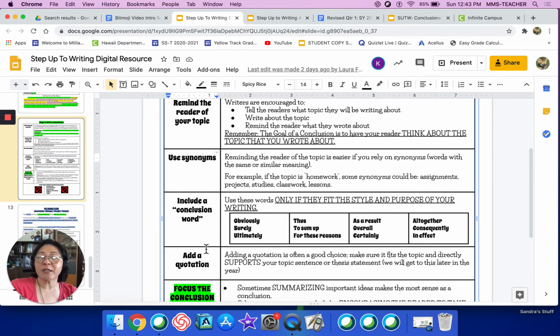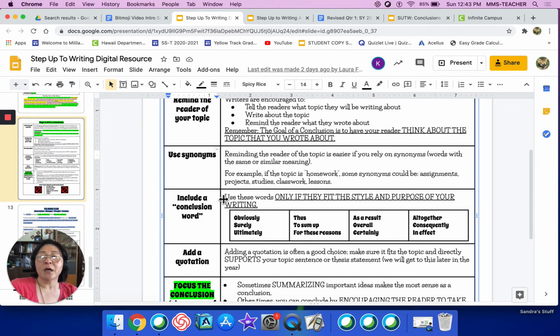Another thing is you would include a conclusion word. Now, here is something, this first part. Use these words, and this next section is in all caps and underlined, only if they fit the style and purpose of your writing. Okay? So these are some conclusion words you can use, but you should only use it if it fits the purpose of your writing, or it fits the style and tone of your writing.